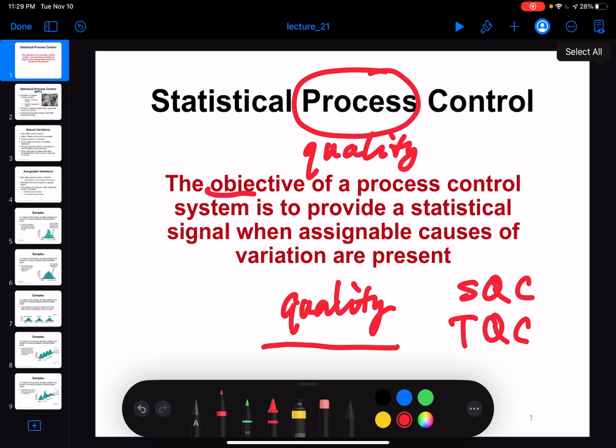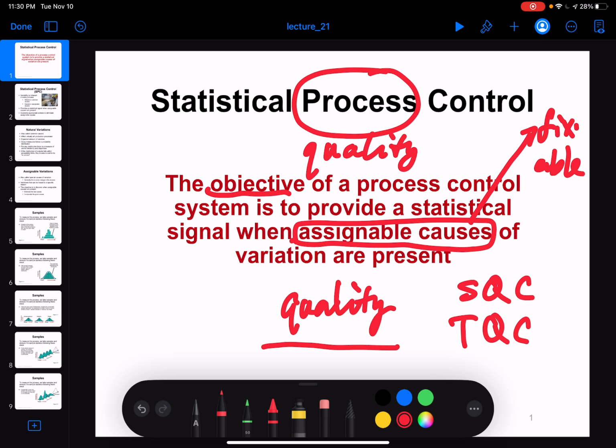So the objective of process control is to provide a systematic signal that assignable causes of the variation are present. There is something we need to pay attention to, called an assignable cause. If you don't understand what an assignable cause is, you can understand it this way: an assignable cause is fixable.